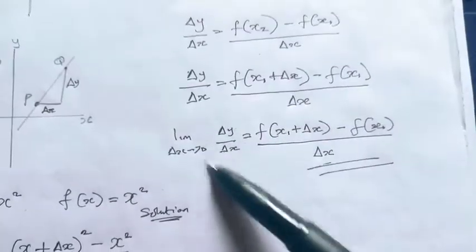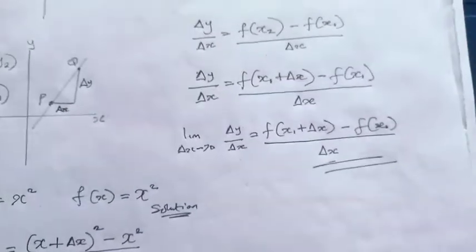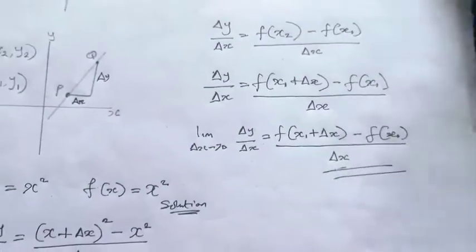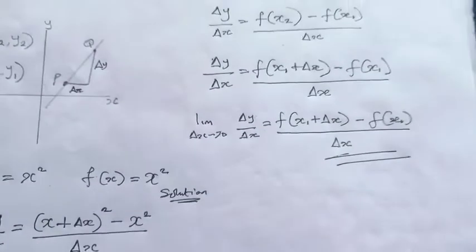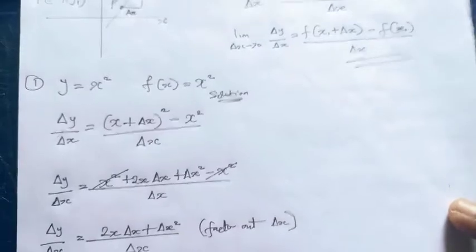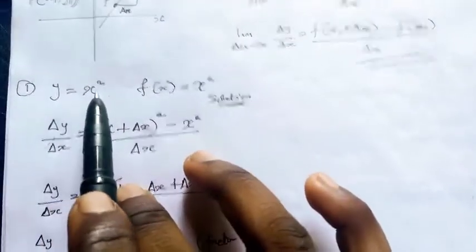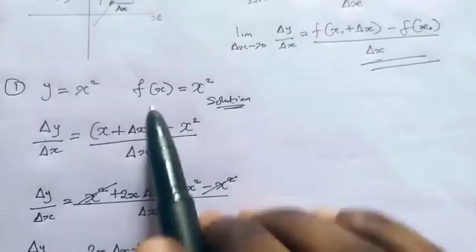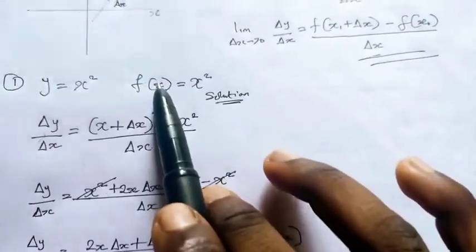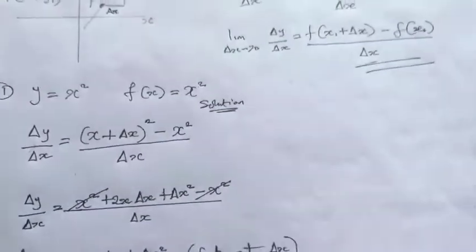Now this formula can be used to differentiate any function of y with respect to x. We can see from this example here, we are given y equal to x squared. And remember I said y is a function of x, so f of x is also equal to x squared.